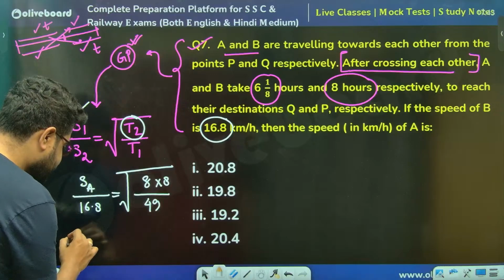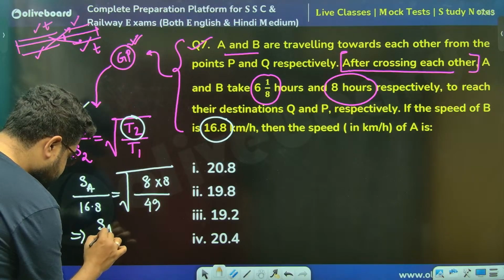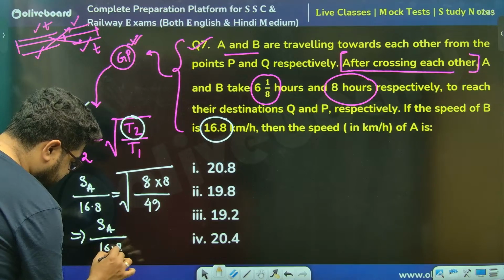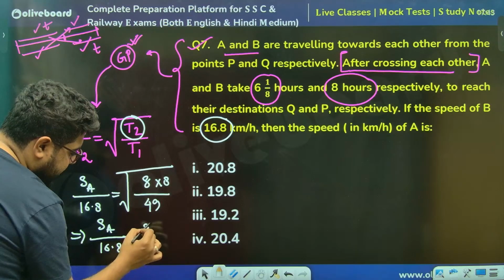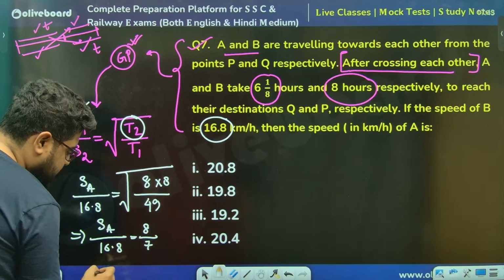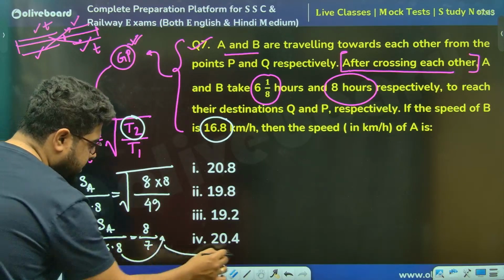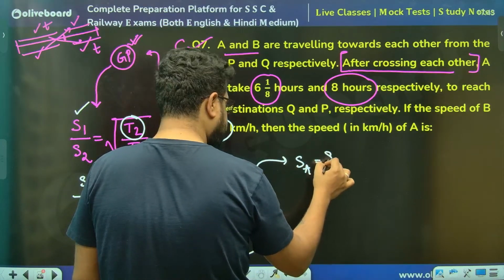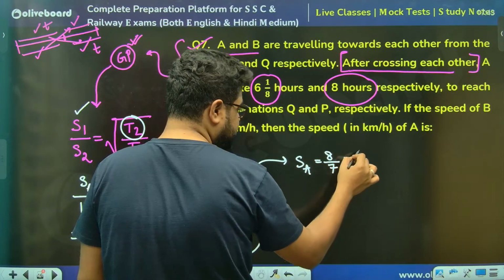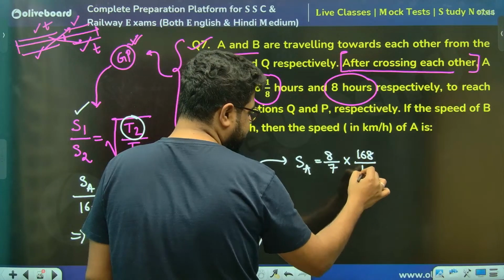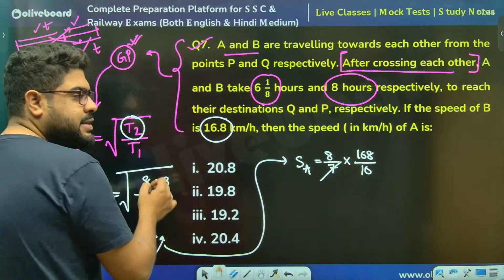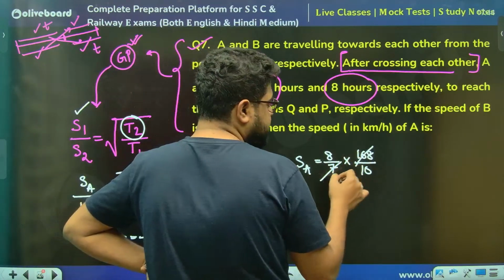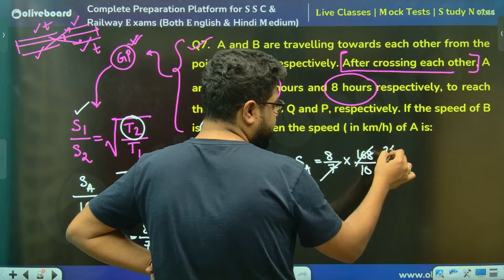So if you take this, sir, 16.8 will be, this is 8 and this is 7. Next line, this will go that side and I can write S of A is going to be 8 by 7 times 168 by 10. I've just got rid of this decimal. Like 7 twos are this, 7 fours are this.